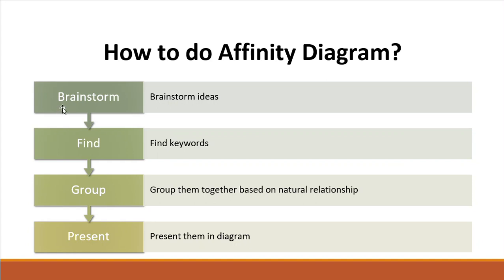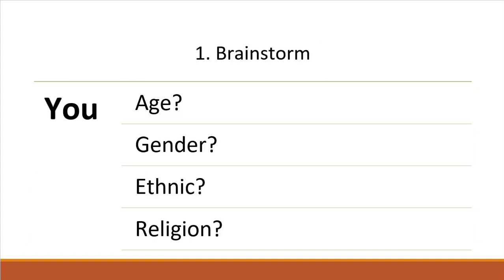These are the phases or steps in an affinity diagram. Brainstorm as many ideas as possible. Then find the keywords, group them together based on natural relationship, and then present them in a diagram. The first step, brainstorm. When you are asked, who are you?